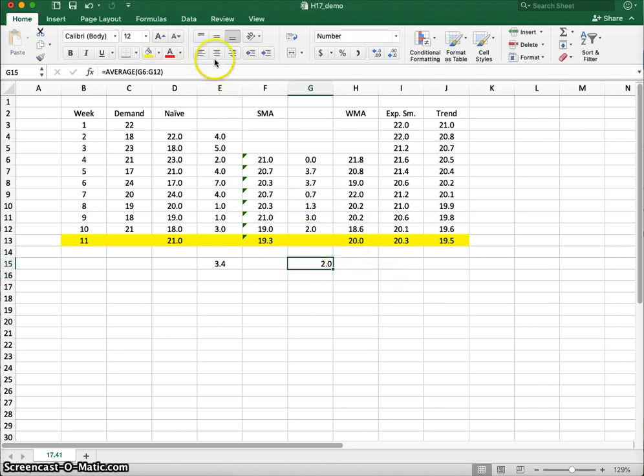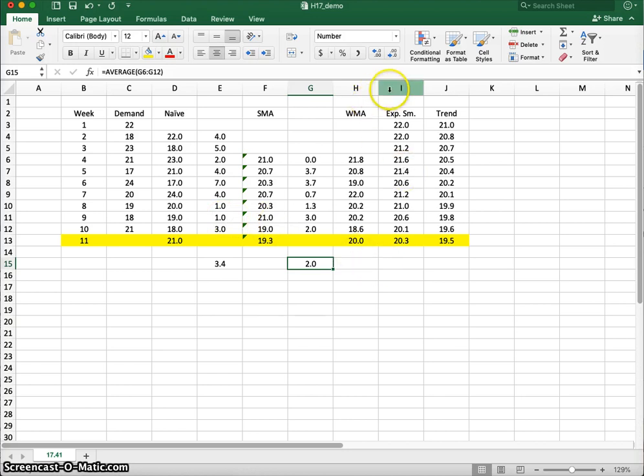Okay, so we can see, for instance, that in this particular circumstance, using the naive method, I have an average error of 3.4. Using a simple moving average, I have an average error of 2.0. So comparing the two, the simple moving average is more accurate than the naive method.